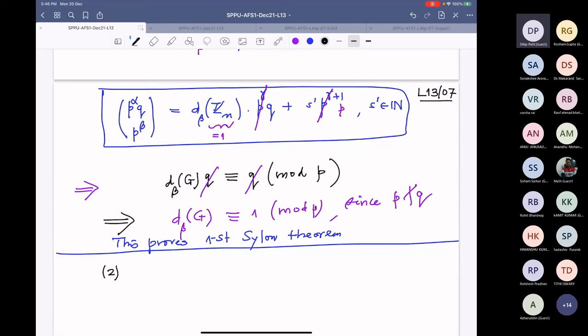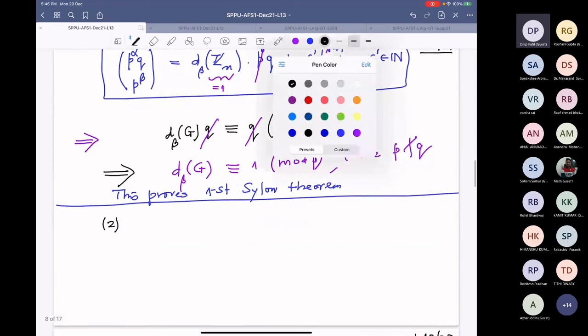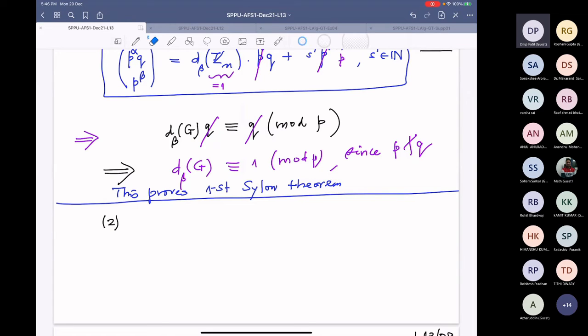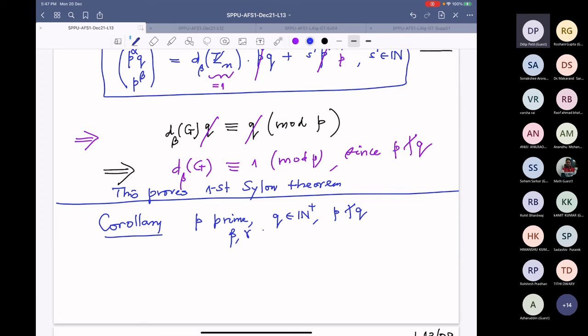All right. So in between, I will mention that in the due course of this proof of 1, we have proved this corollary that I will state. So corollary. What we proved is a completely combinatorial corollary. P is a prime number, Q is a non-zero natural number, P doesn't divide Q, and beta, gamma are two natural numbers.